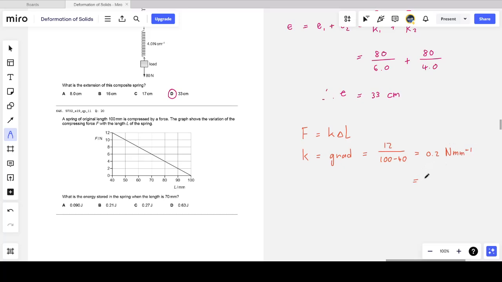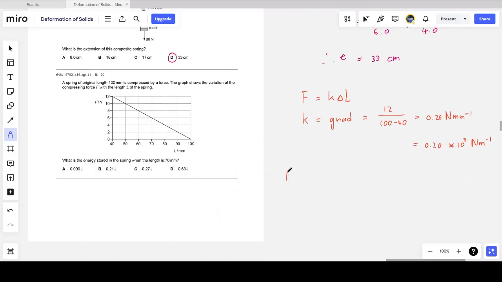It's per millimeter here, so it's going to be the other way around. I get 0.2 times 10 to the power 3 newtons per meter. So that'll make my final answer come through in SI units automatically.